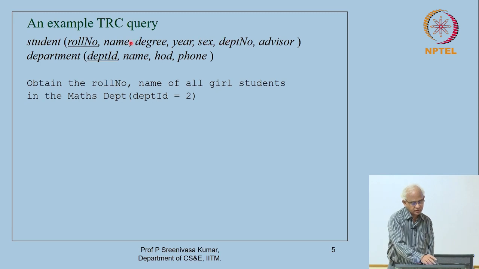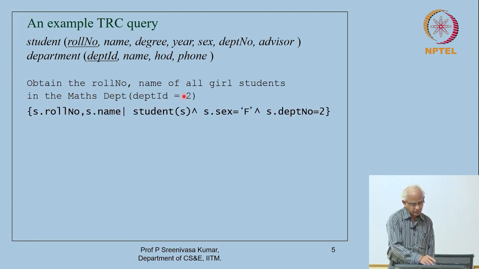So, the conditions that have to be satisfied by the tuples that are required here is basically that this attribute value should be some specific value f, and this attribute value should be 2, that is all. So, we can express that using this new notation.